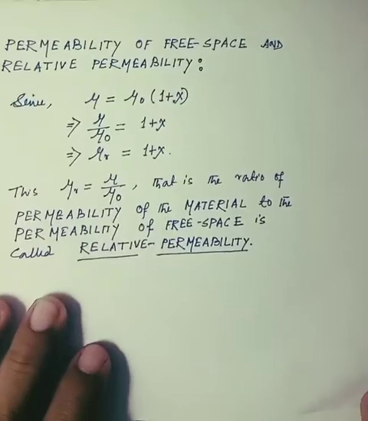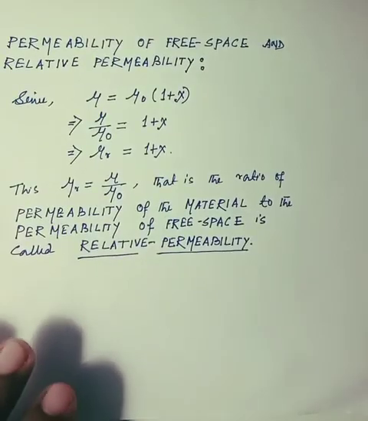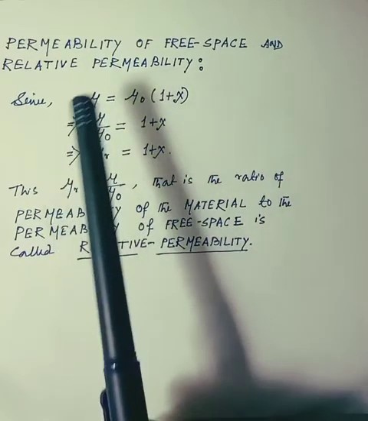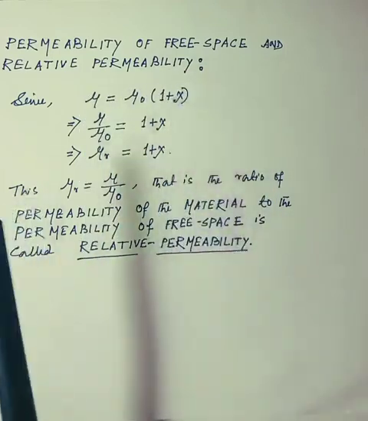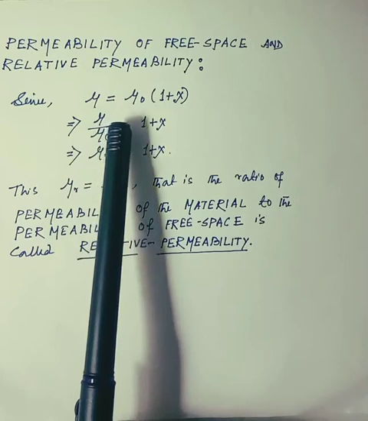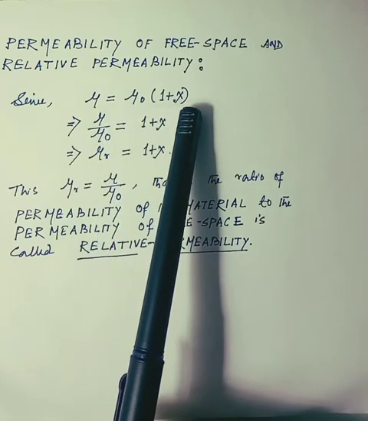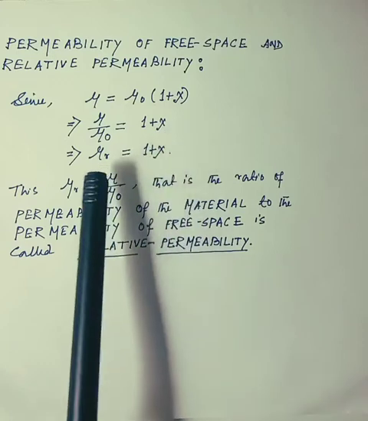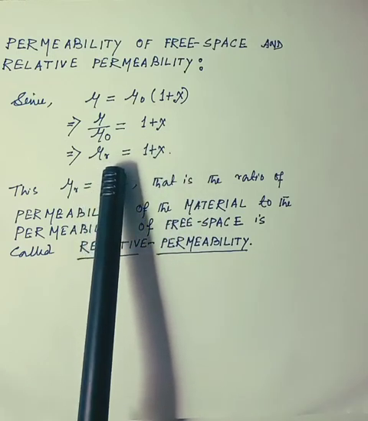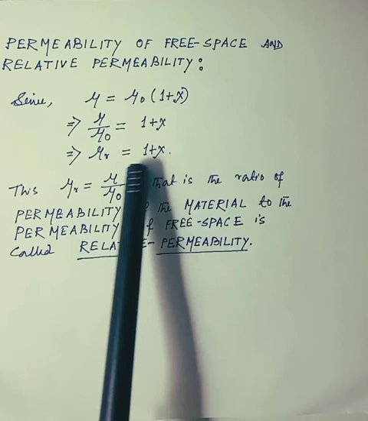Now from this we can get two other aspects of permeability. One is called the permeability of free space, and another is called relative permeability. Since mu is equal to mu naught into 1 plus chi, we can write mu by mu naught is equal to 1 plus chi, so that mu suffix r is equal to 1 plus chi.